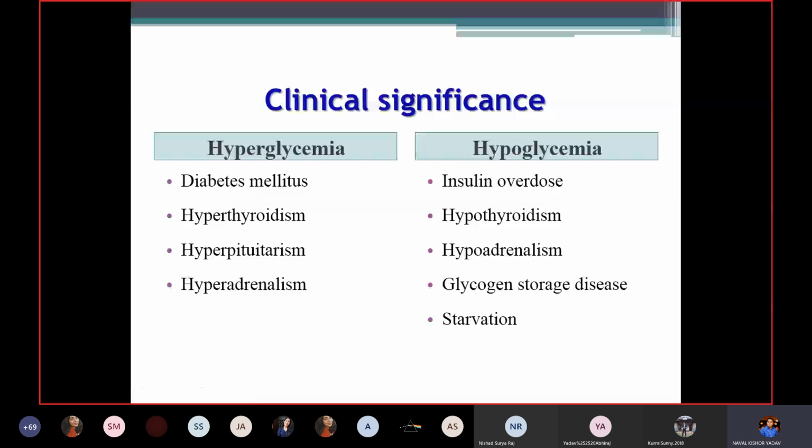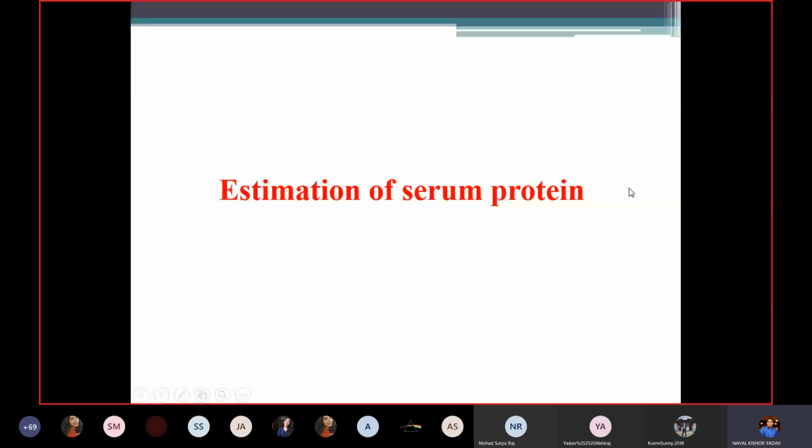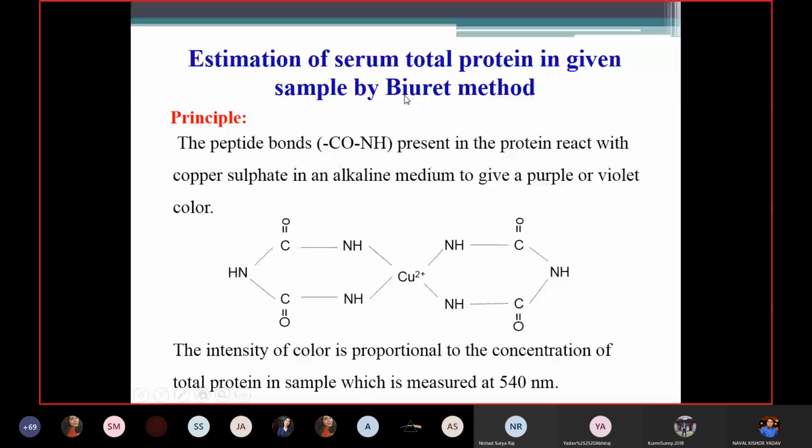You have to mention the experiment name, that was measurement of blood glucose by GOD-POD. Another experiment is estimation of serum total protein. You have to mention it like this: estimation of serum total protein in given sample by biuret method.